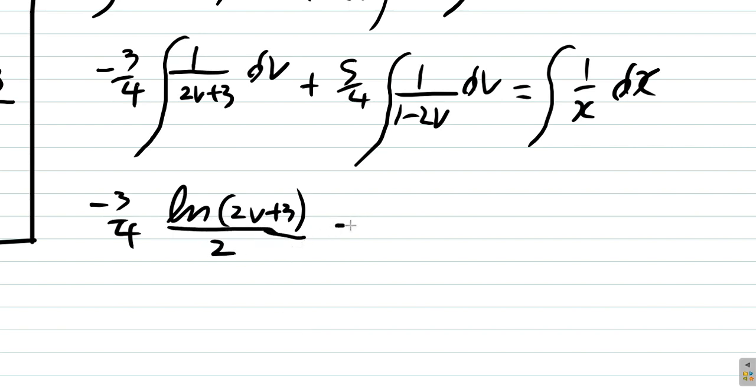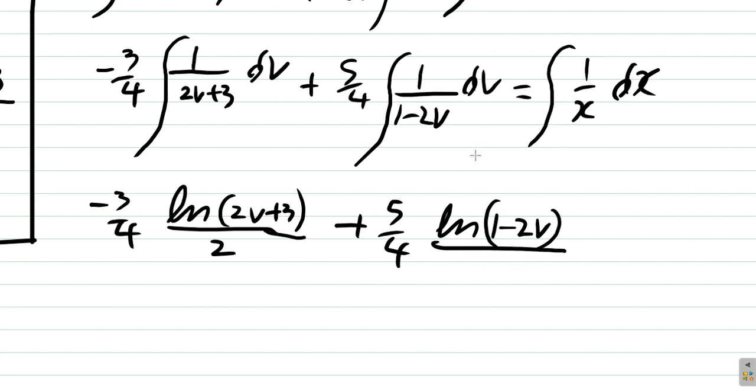Plus now 5/4 ln(1 - 2v) divided by the derivative of 1 - 2v with respect to v, which is -2, which we saw a while ago. Then we integrate, it's ln x, and we put a plus c. Remember, we don't need to put a plus c, or a constant of integration, on both sides.